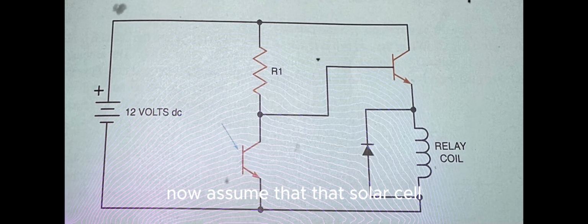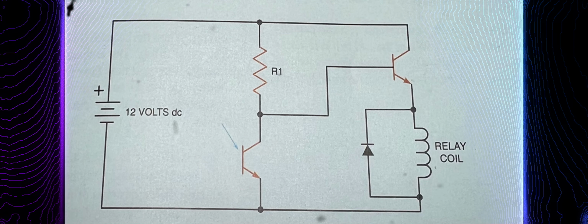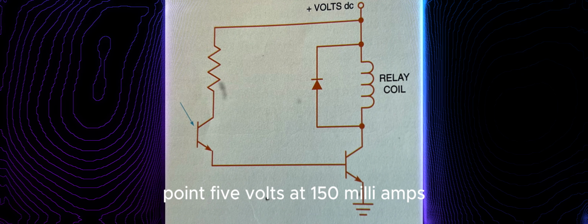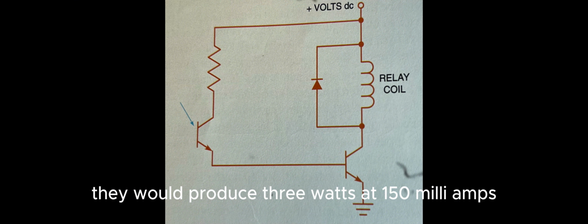Now, assume that the solar cells to be used have the ability to produce 0.5 volts at 150 milliamps. If 6 solar cells are connected in series, they would produce 3 volts at 150 milliamps.